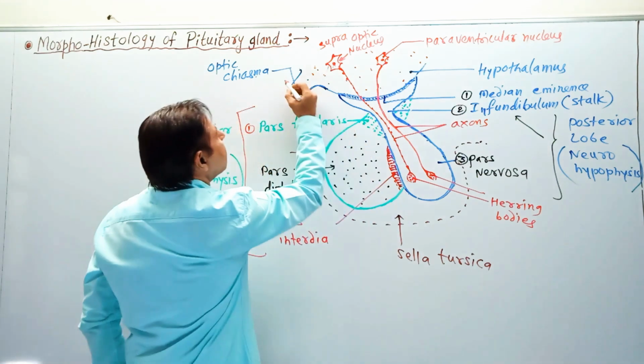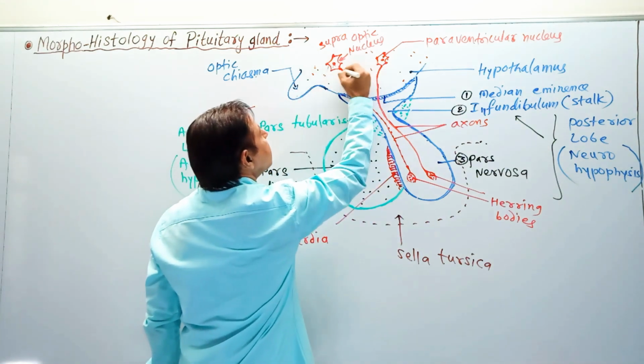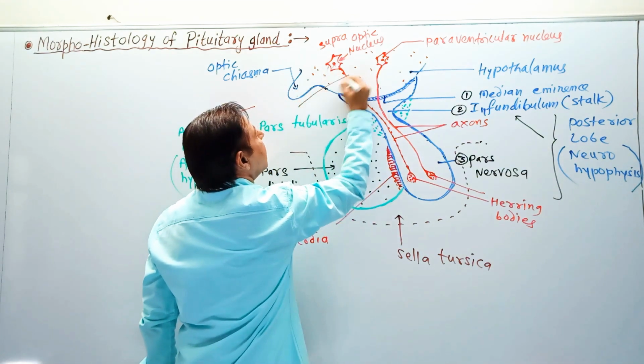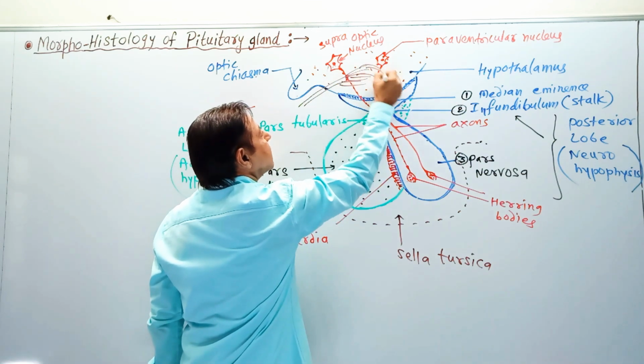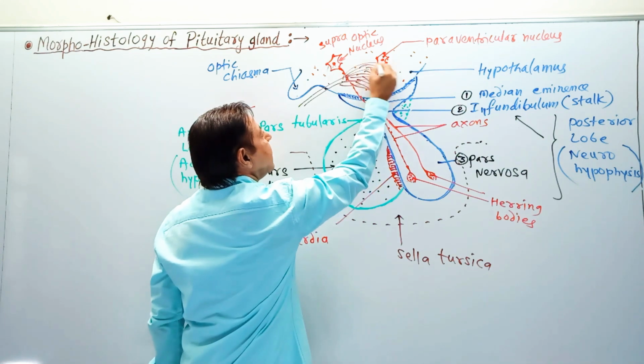We will show it now. Suppose this is the blood vessel of the hypothalamus forming a capillary network. Here, these are the arterial capillaries.